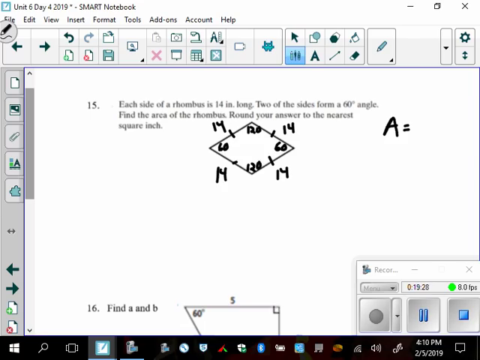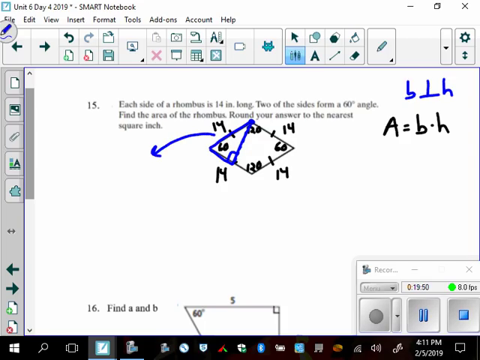And the area of anything in the parallelogram family is base times height. Now you have to understand the height has to be perpendicular to the base. So the base must be perpendicular to the height. So I can't just do 14 times 14. I'm going to take this corner right here, and if I draw in the height of that, that makes a right triangle.